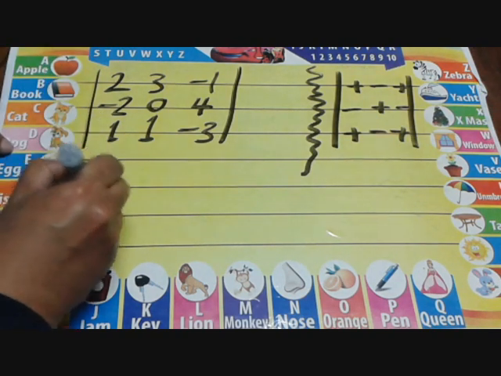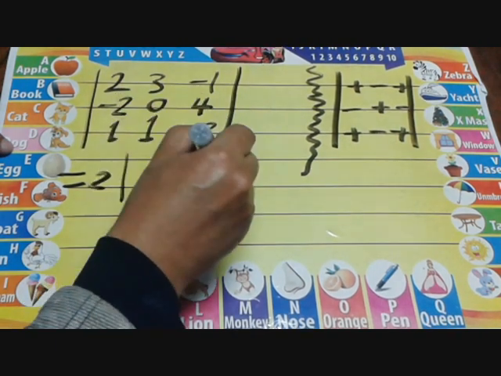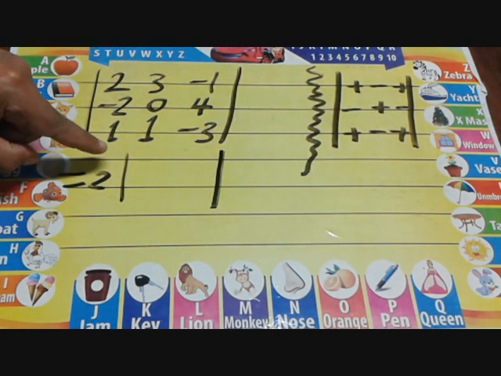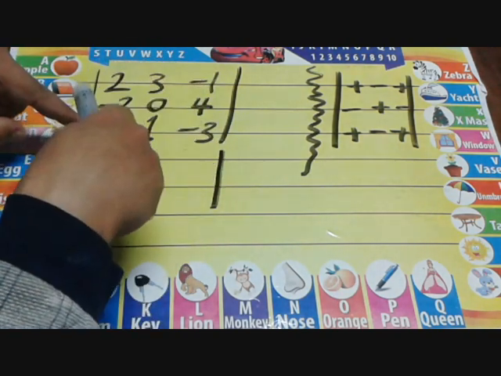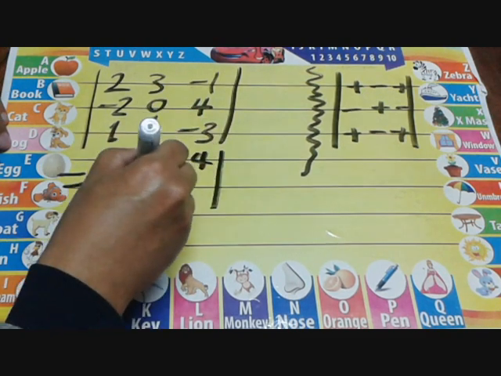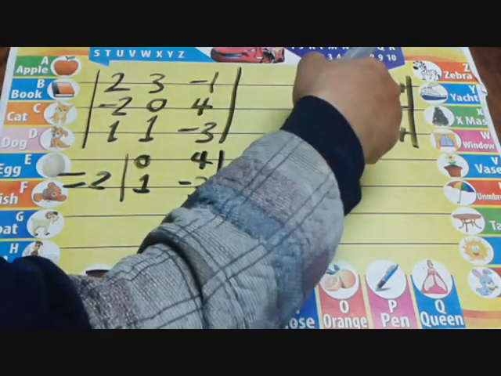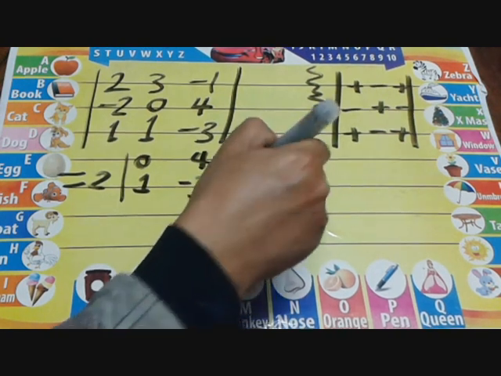2 times this determinant. Cancel this and this. We obtain 0, 4, 1, negative 3. Now 3, beside it negative, negative 3.